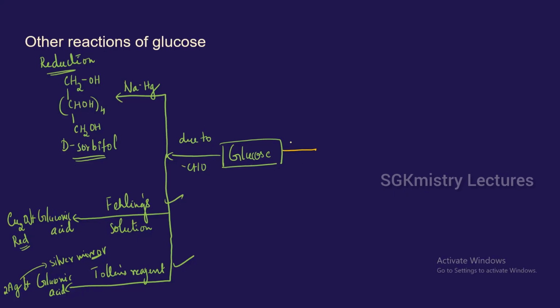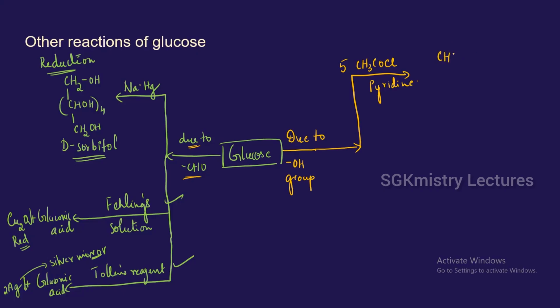Here we have seen that due to the CHO group, it gives different reactions. Again, we know that it also contains OH groups, so because of that there will be certain reactions. First is treating with acyl chloride, acetyl chloride in the presence of pyridine. You get glucose pentaacetate.